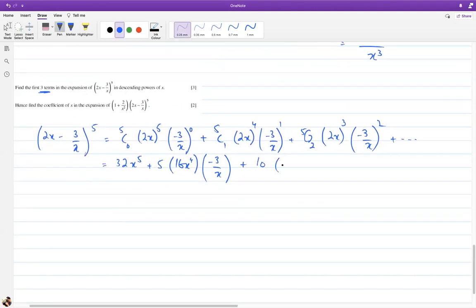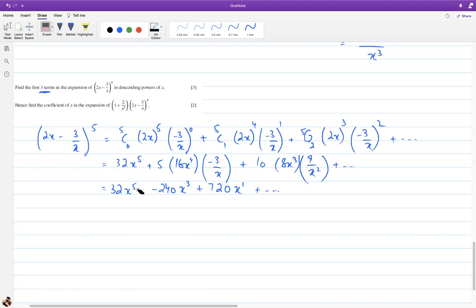So 10 into 8x cubed, 9 over x squared, and that's it. So what does this give me? 32x^5 minus 240x^3 plus 720x^1, and so on. And there you go. We have solved the first part, and this is worth 3 marks.